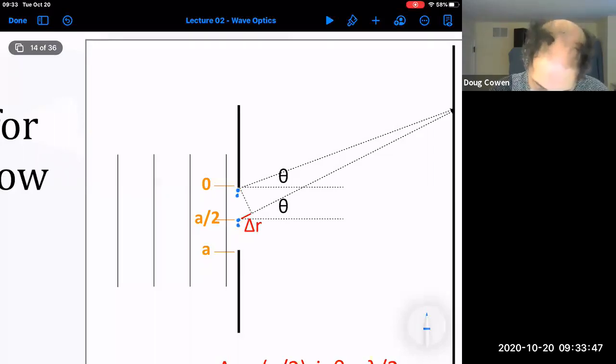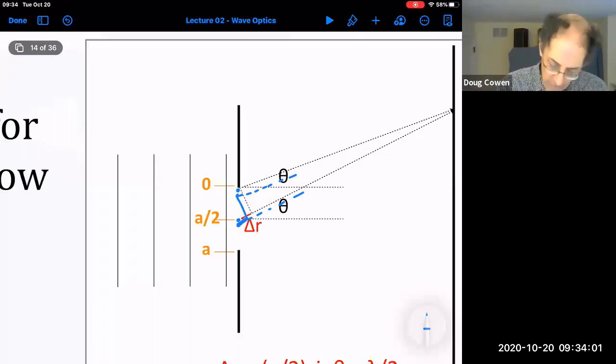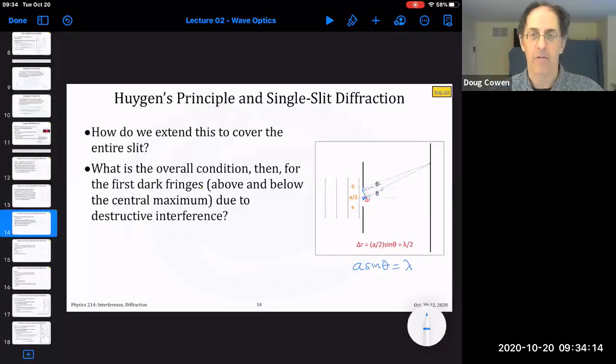If I drew that in, here's one set of dashed lines, another dashed line, and then this distance here will also be delta R. And I can keep doing that for pairs of points until I get all the way down to just above the midpoint and at the very bottom. So that's the very last pair of points. And I'm asking that every single one of these pairs of points satisfies this condition.